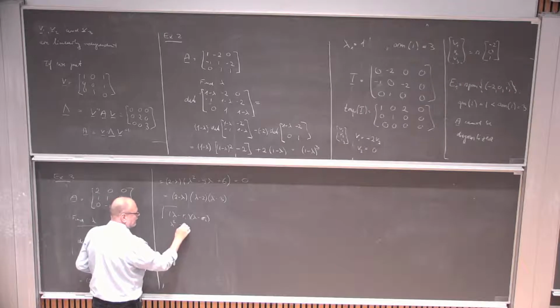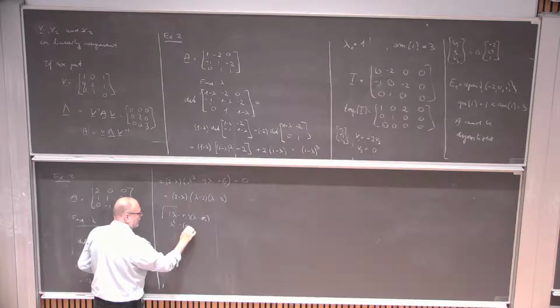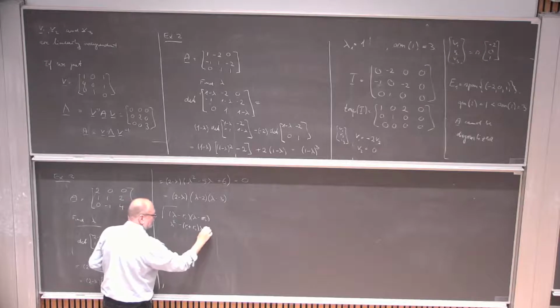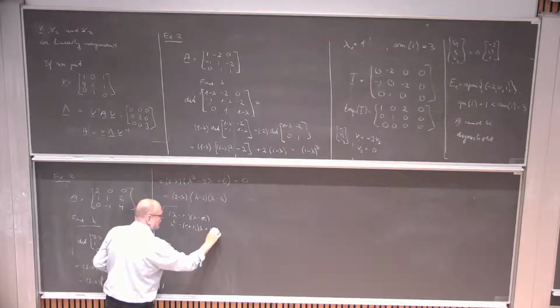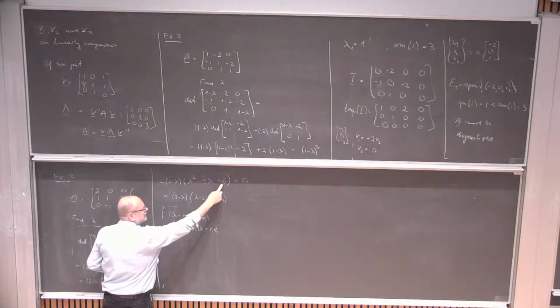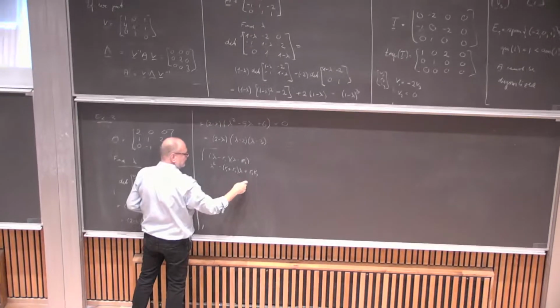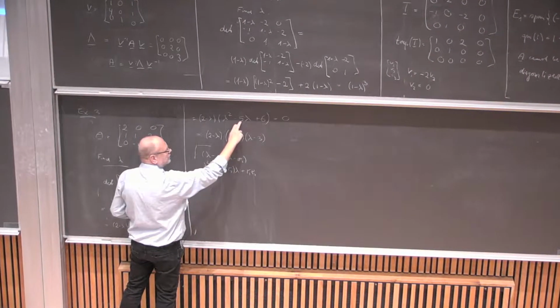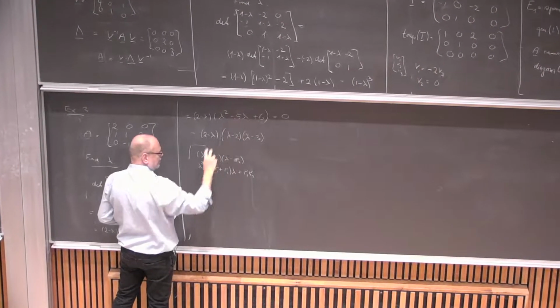Then you get minus R1 times lambda plus R2 times lambda, and then you get plus R1 R2. So the product of the roots is 6, 2 times 3, and then the sum will be equal to this term here with opposite sign.